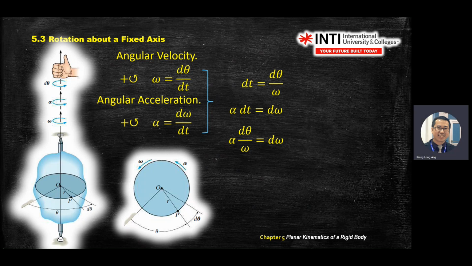Pull the omega to the left hand side, you arrive at alpha d theta equal to omega d omega. Do you see the same thing? What is changing? Only the symbol. Particles A becomes alpha, S becomes theta, V becomes omega.